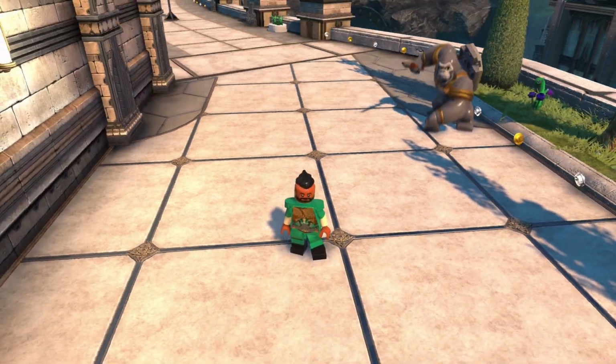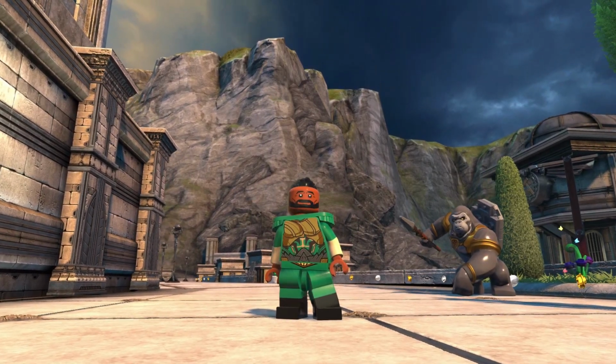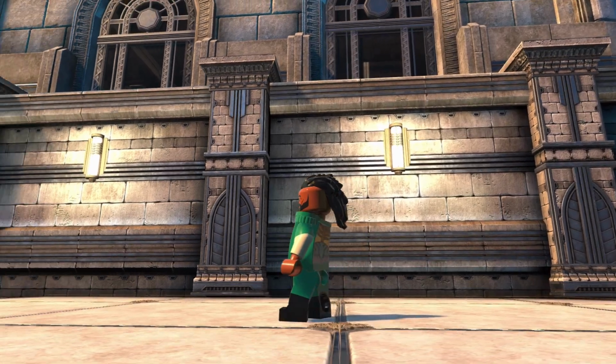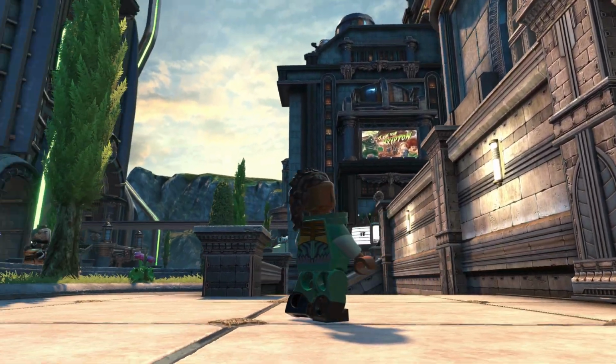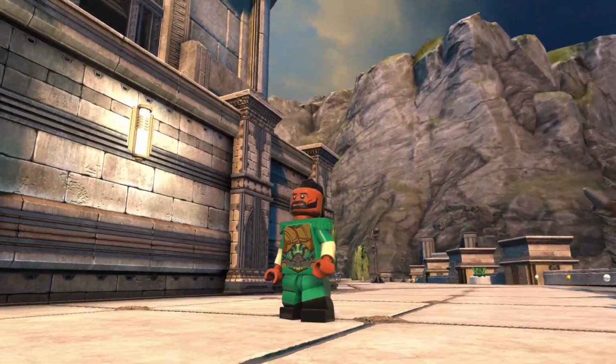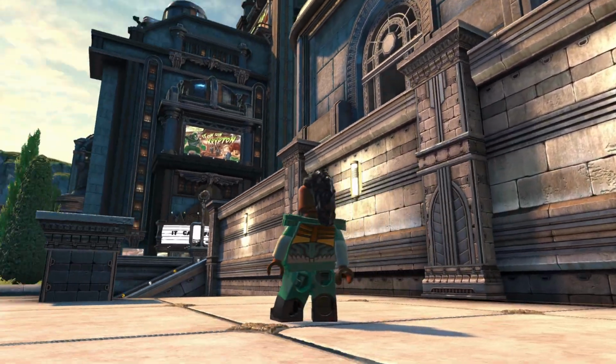For the next one, we are going to take a look at a character that is actually not available in any LEGO set, at least as of the time of this recording and as of the time of you guys seeing the video. But this is Master Mordo. So do not confuse him with Baron Mordo.